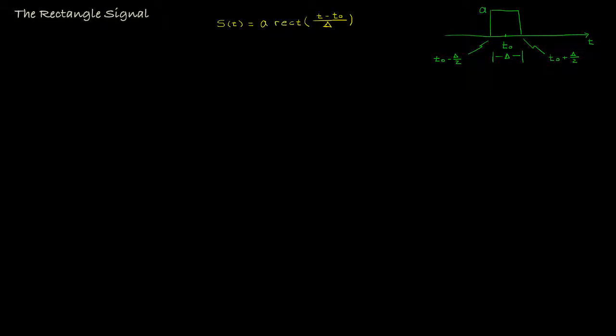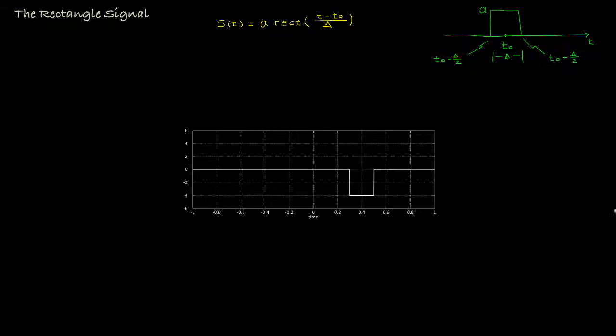If we look at a specific example, this is a scaled and shifted rectangle function. It's been shifted to a time t0 equal to 0.4 seconds.